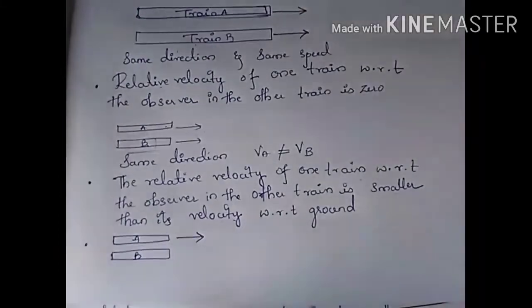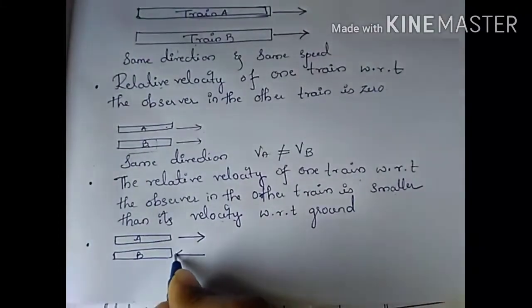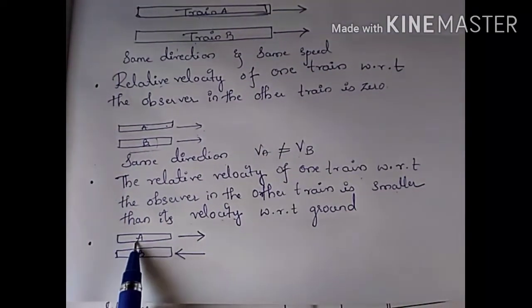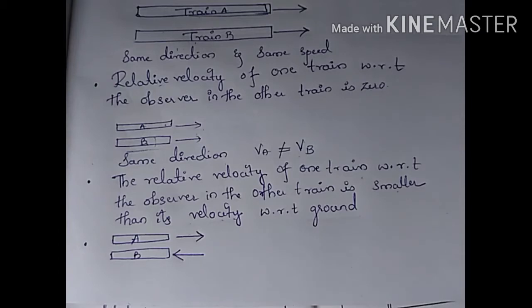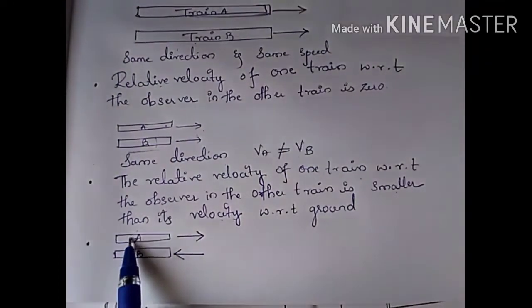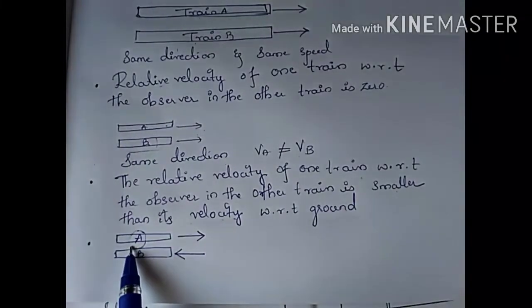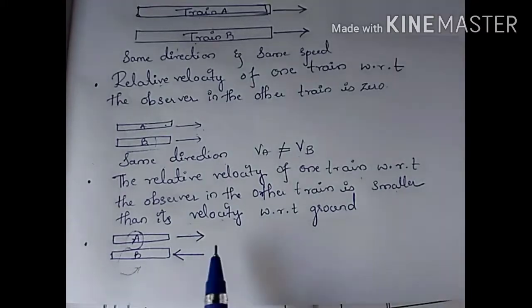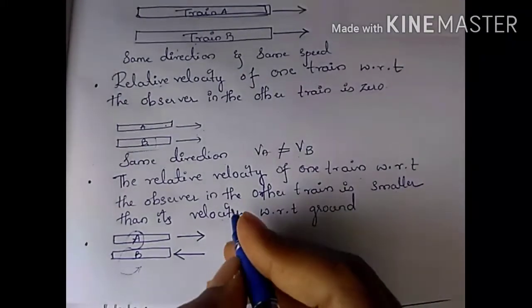If this train moves in this direction, then the direction for train B is opposite to the direction of train A. So now in this case, what will happen to the relative velocity? The velocity of one train with respect to the observer in another train is greater than its velocity with respect to ground.